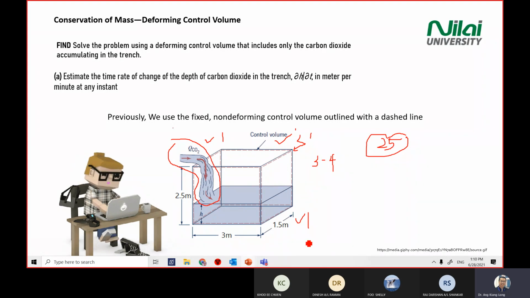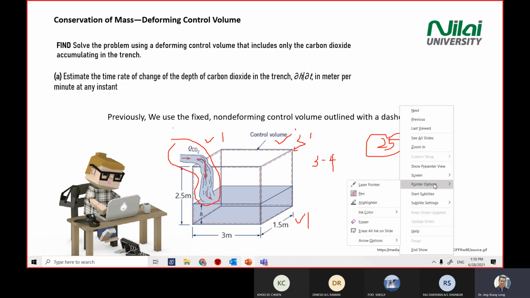It will help you a little bit. So don't leave your answer empty. Just try to understand what you have, sketch it out, then put in a little bit of effort. Draw your control volume, then you'll get some marks for that.